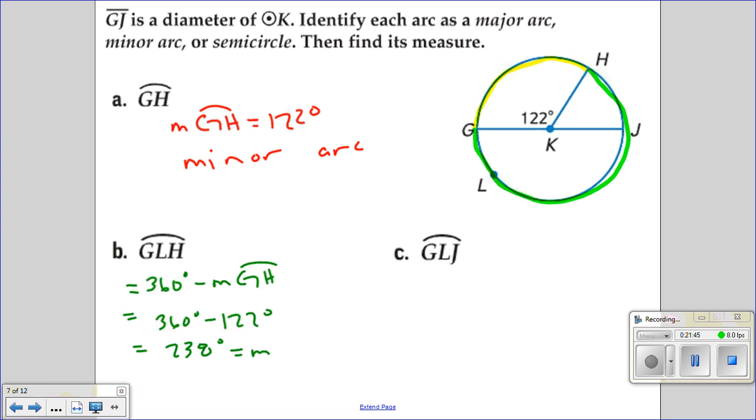That is the measure of arc GLH. Since it is larger than 180 degrees, it is a major arc.